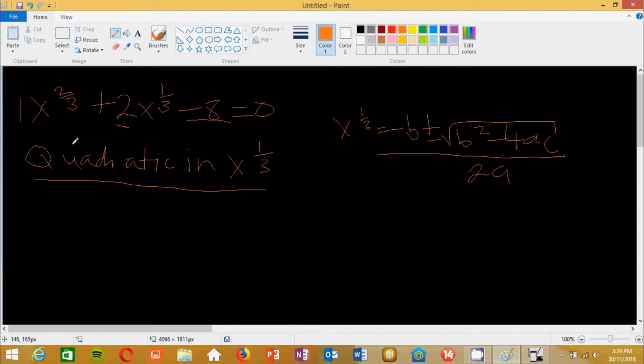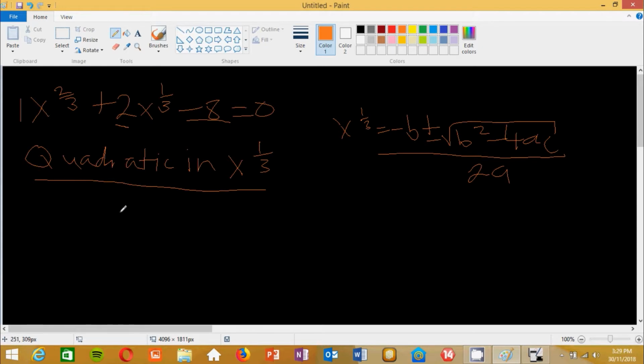Remember, the massive difference is, if this was a normal quadratic equation, I would say x is equal to negative b plus or minus the square root of b squared minus 4ac over 2a. But because this is a quadratic in x to the power 1 over 3, I say x to the power 1 over 3 is equal to this. So my solution here is going to be x to the power 1 over 3.